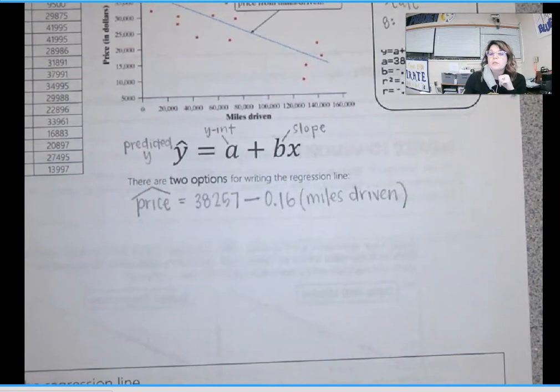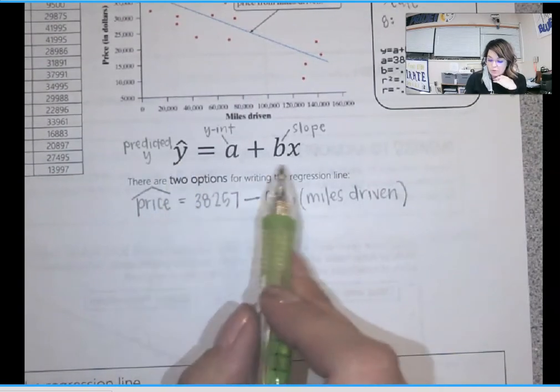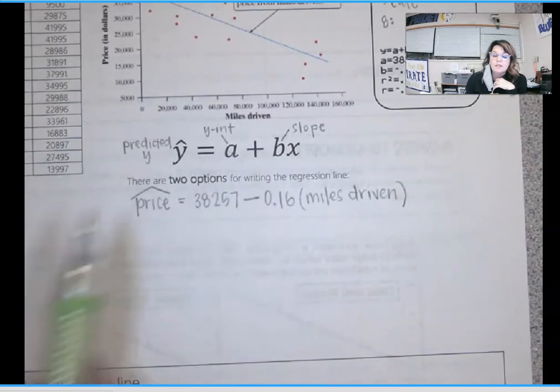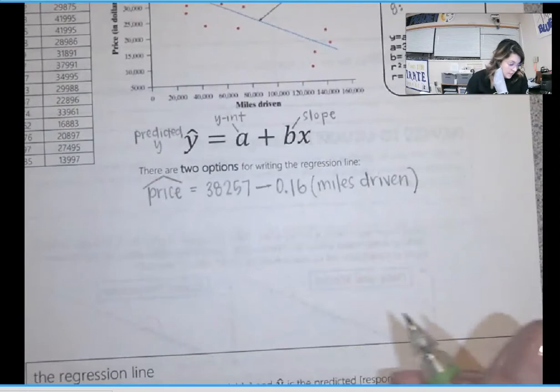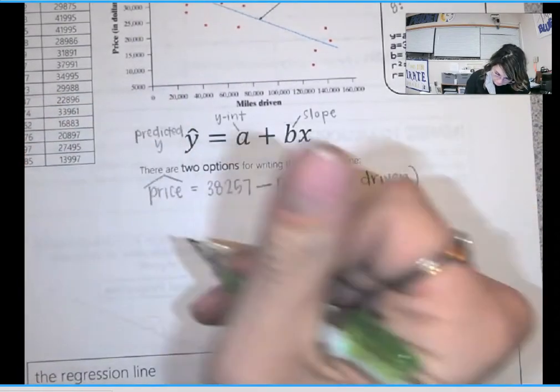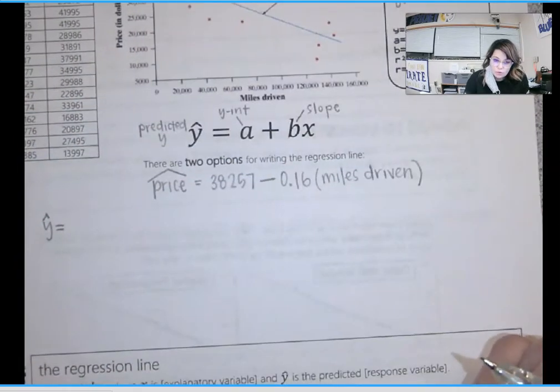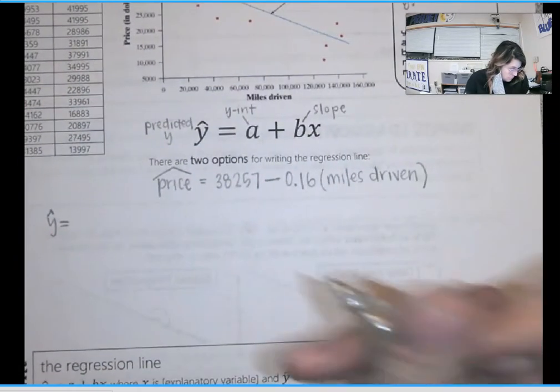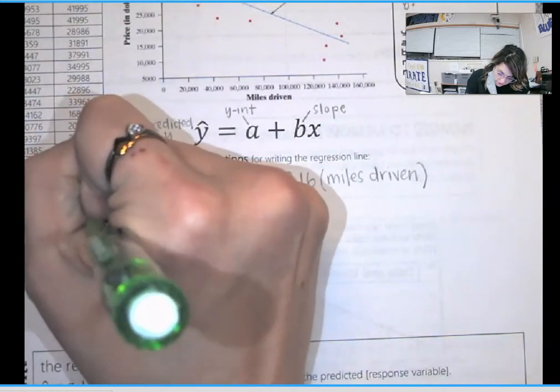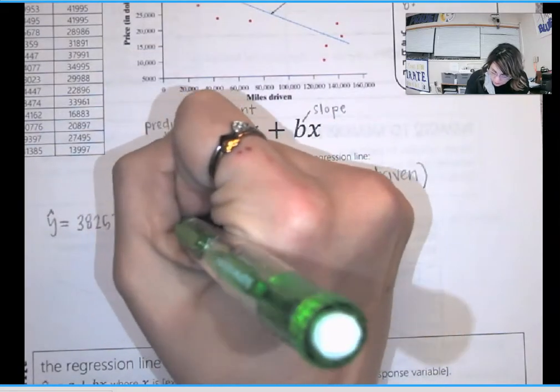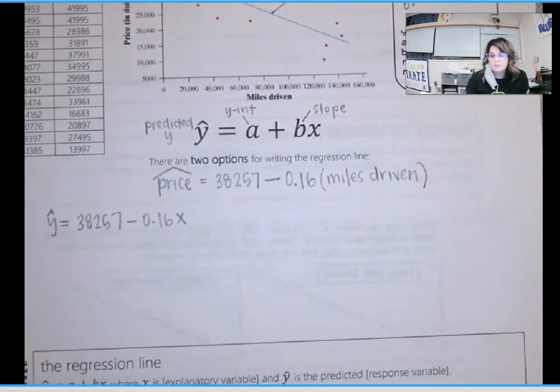Now, most frequently, we use the next option. And that is to use variables, y hat and x, and then explicitly state what those variables are. So in this case, we say y hat equals 38,257 minus 0.16x.